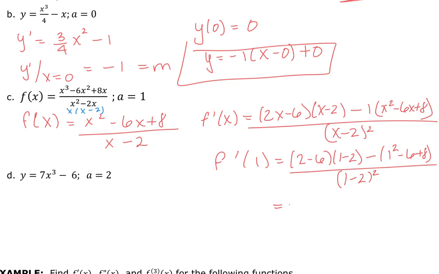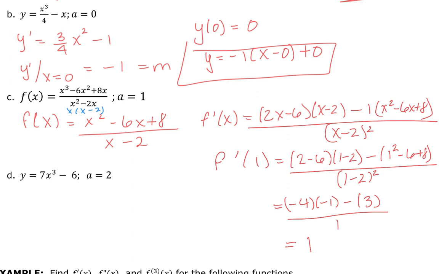My numerator gives me negative 4 multiplied by negative 1 minus, and then in the other parentheses, I have 1 minus 6, which is negative 5, plus 8 is 3, all over 1 minus 2 squared, which is 1. I know I should have just put this in my calculator, but here we are. So I have 4 minus 3, which is 1, so the slope of the tangent at x is equal to 1 is 1.